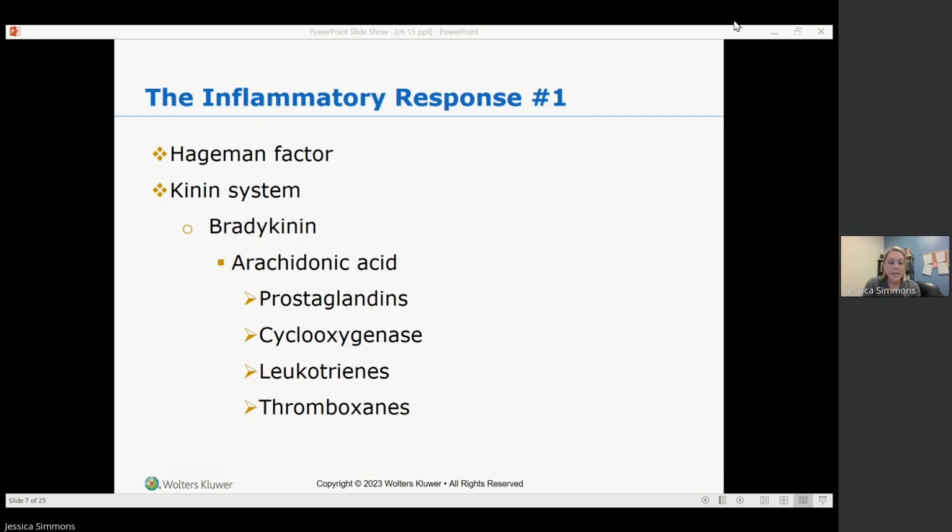The Kinnin system is activated when the Hagman factor activates kallikrein. It's a substance found in the local tissues, which causes the precursor substance kininogen to be converted to bradykinin and other kinins. Bradykinin was the first kinin identified and remains the one that is best understood. Bradykinin causes local vasodilation and changes in capillary permeability.